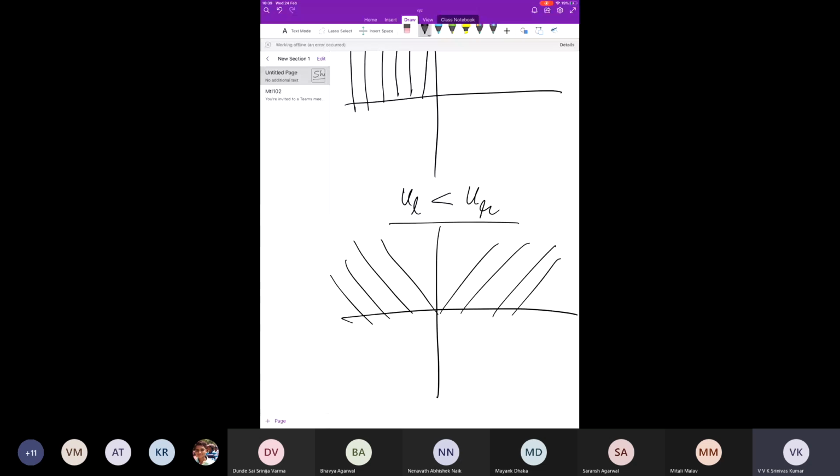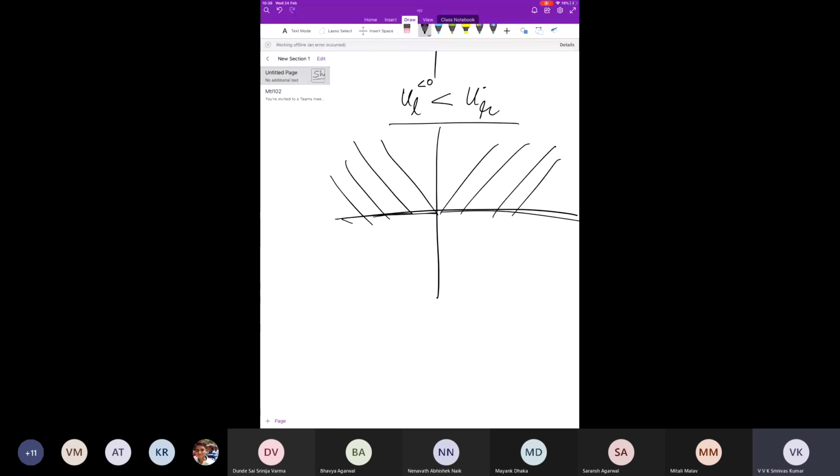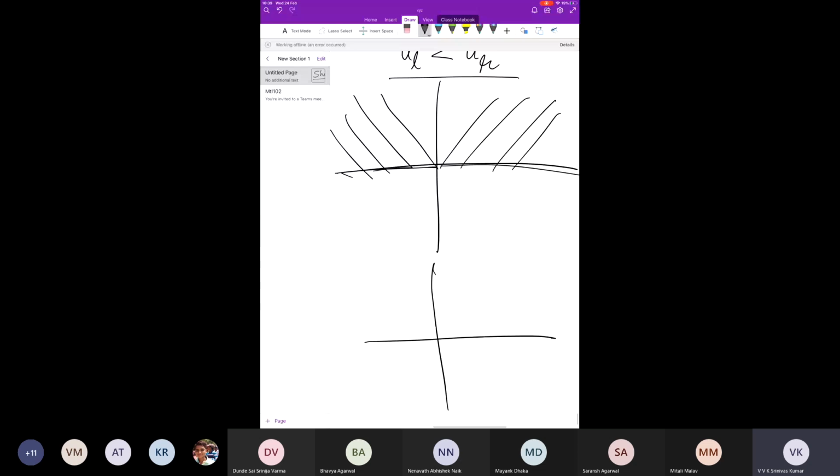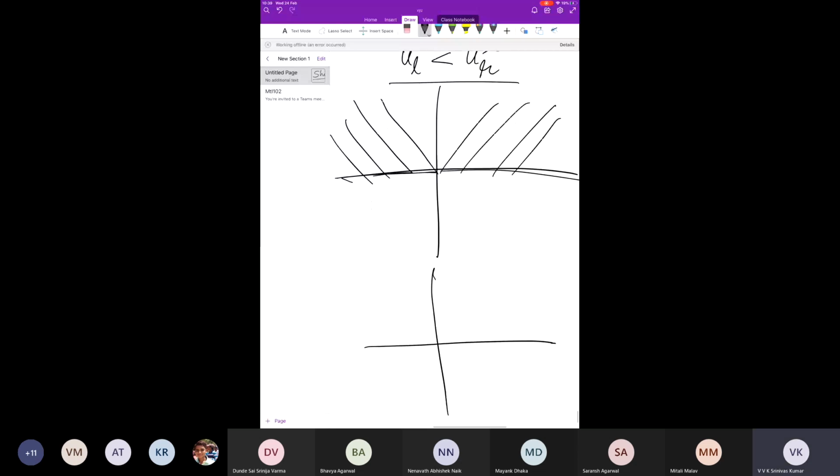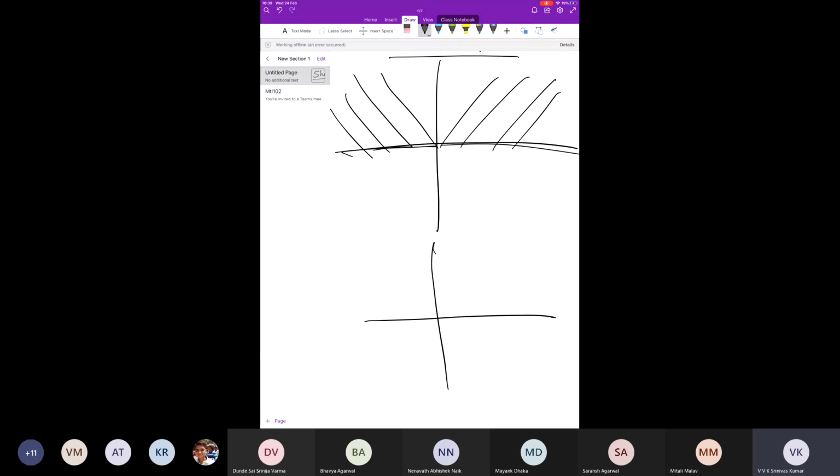Whenever this is positive and this is positive, okay. If both are negative, also there is no problem. Both are positive, what is the situation? One is positive, one is negative. If both are positive, also there will not be a problem.